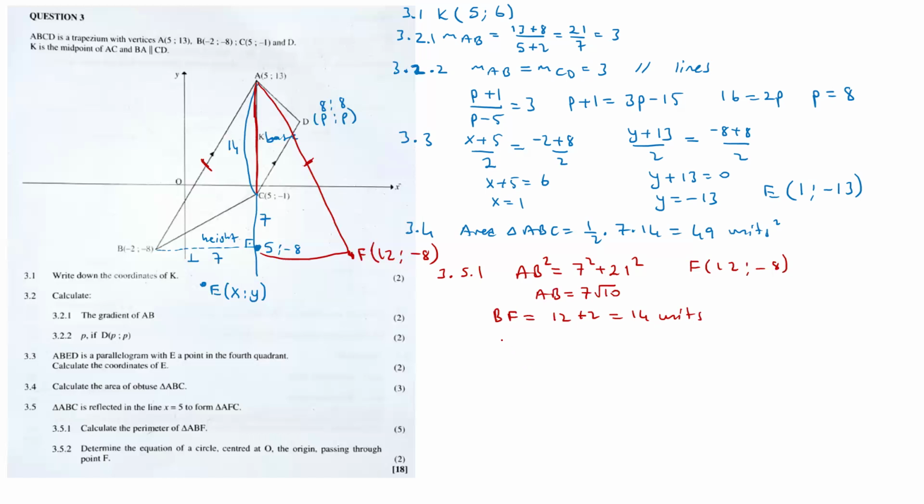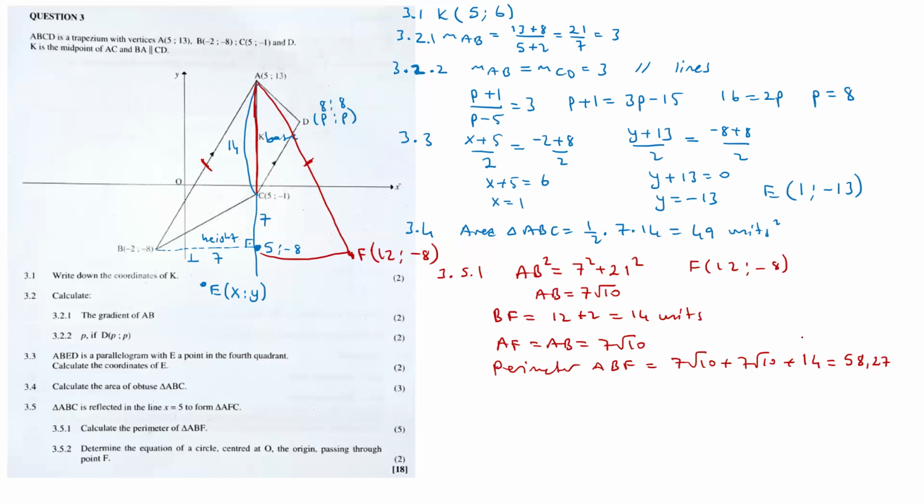And then AF will also be the same as AB, that's also 7 root 10. So the perimeter of ABF will be equal to 7 root 10 plus 7 root 10 plus 14, which is 58.27 units.